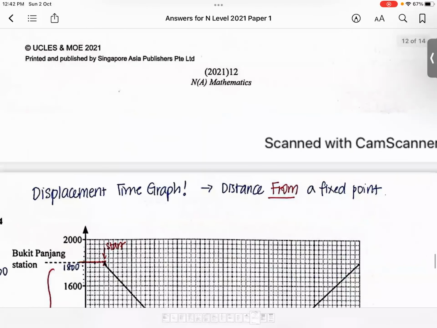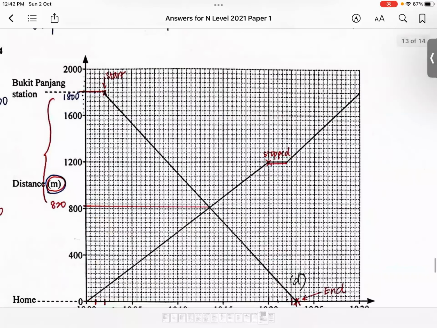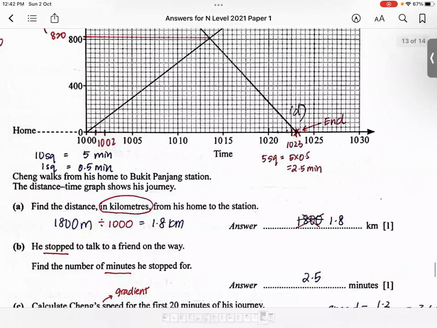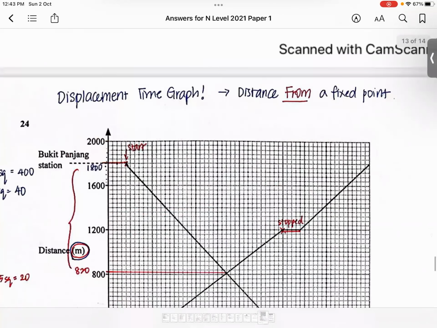Next part. This question is one of the last few that I must explain. It did not appear for a very long time, but the normal ones that you do are all speed time graphs. In this case, this is a distance time graph, and not only just a distance time graph, it's a displacement time graph.